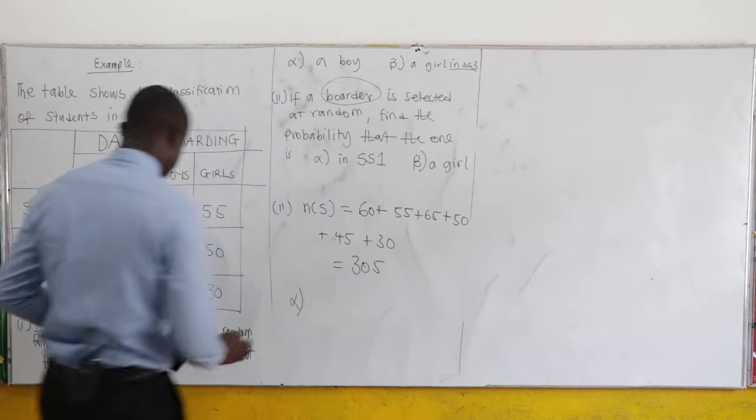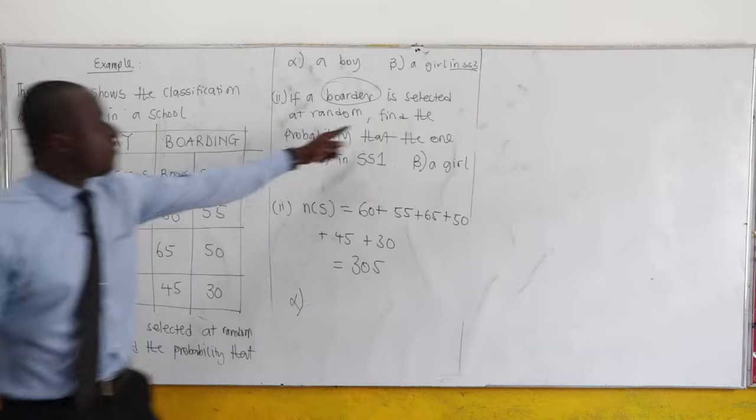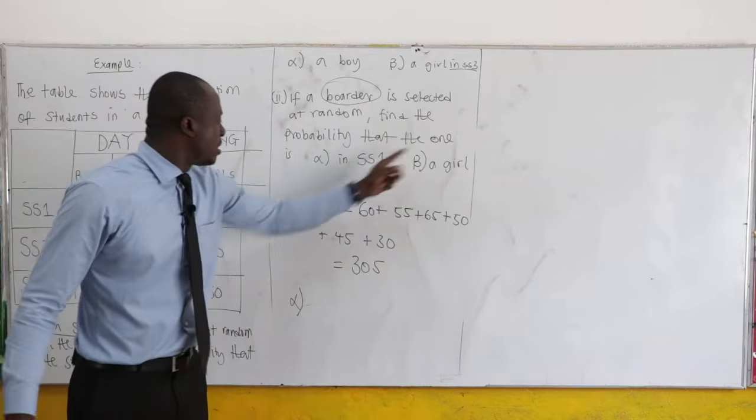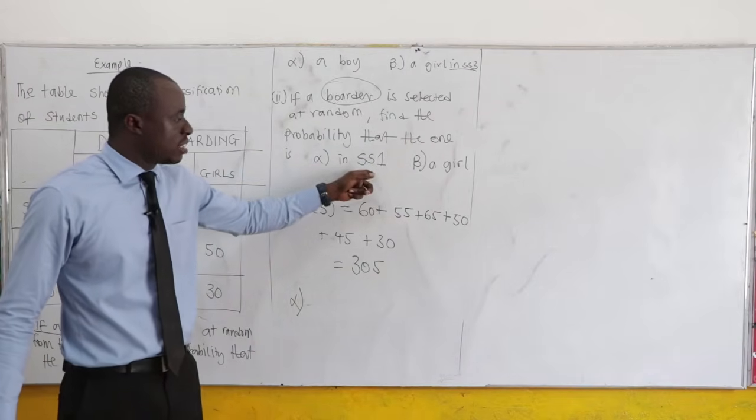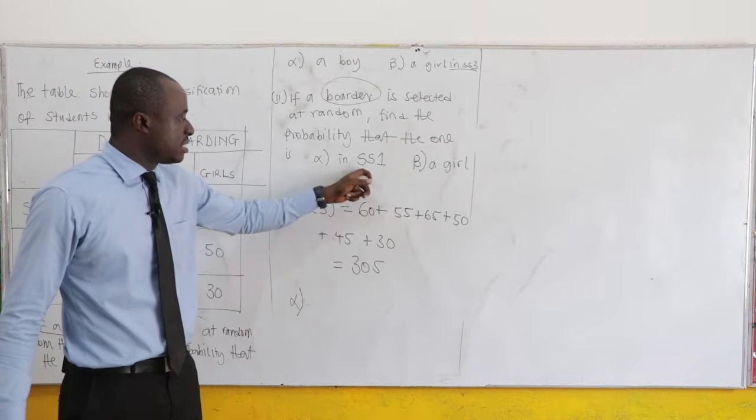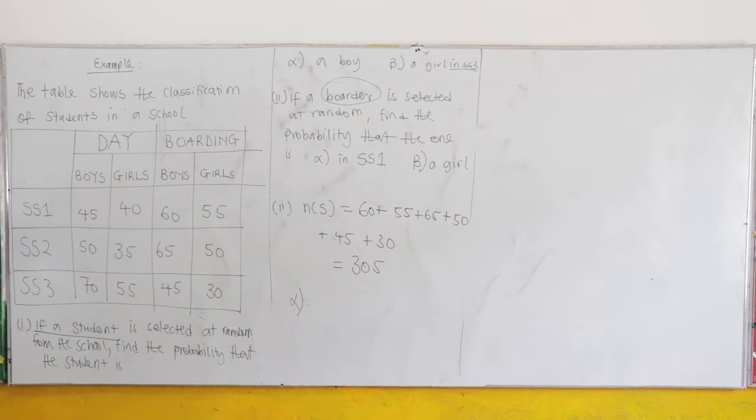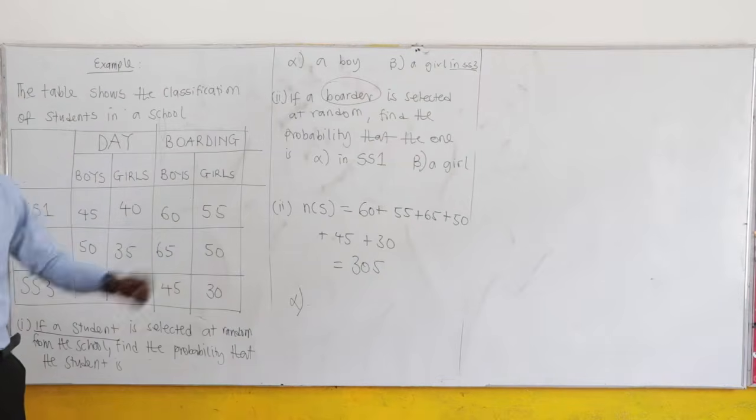Now let's see the first question asked. It says find the probability that the one is in SS1. That particular person is in SS1. So let's come to SS1 boarders. What are the boarders? That's 60 plus 55.